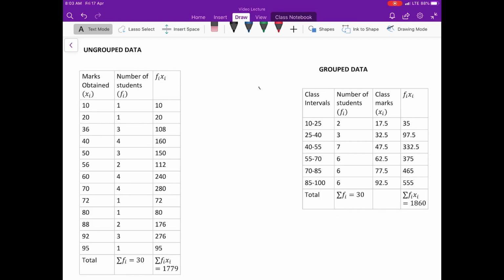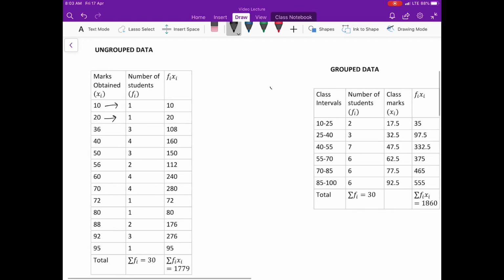Like here, marks obtained 10, students is 1; 20, students 1. So we will make a group of width 15 and that group is a class interval, that is 10 to 25. So students getting marks between 10 to 25 will be grouped as 2.